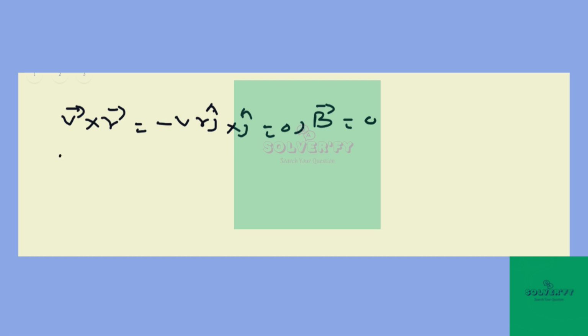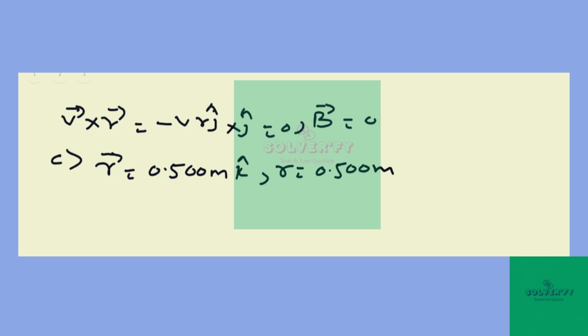Part C, for r equal to 0.500 meter in the k unit vector direction, with magnitude 0.500 meter, we can write v cross r. V cross r will be vr times j cross k. So j cross k gives us i, so we can write vr in the i unit vector.